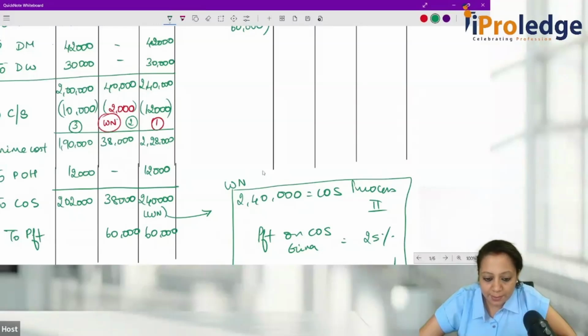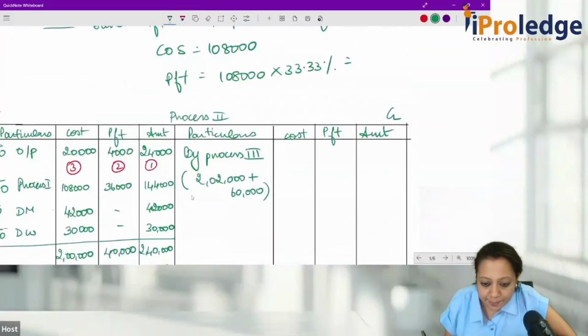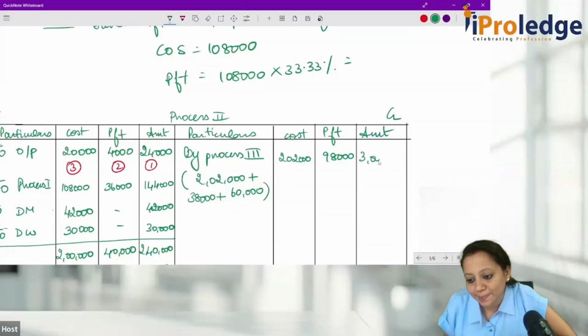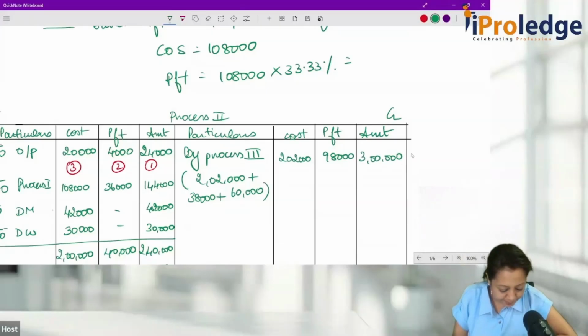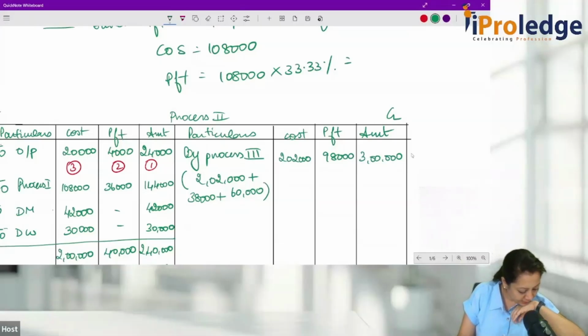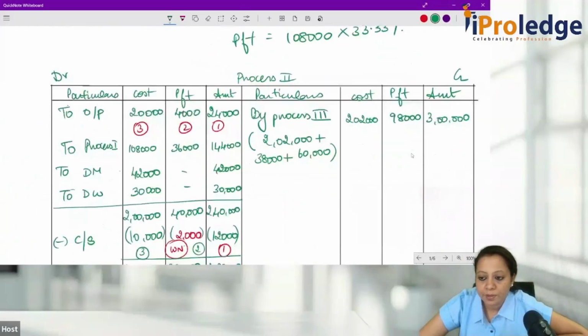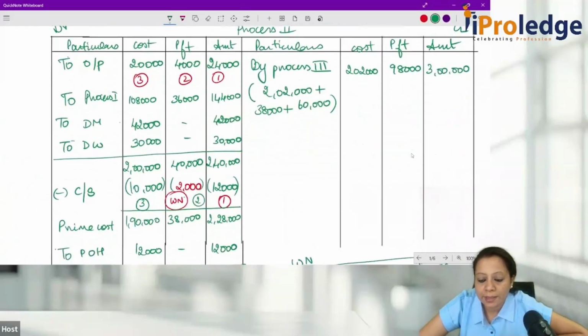Am I correct, students? So 2,02,000, 98,000. And what is the total? So this is how process two will look.